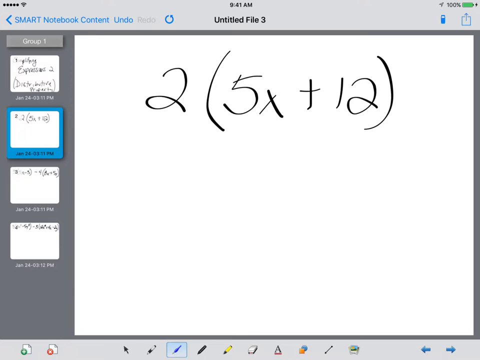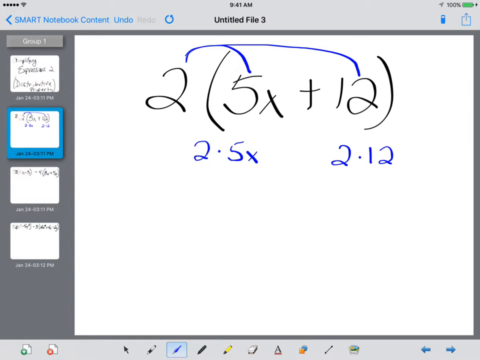So what we do is we take this 2 and we distribute it, meaning we multiply it to both terms. So we take 2 and multiply it with 5x. And then we take 2 and multiply it with 12.